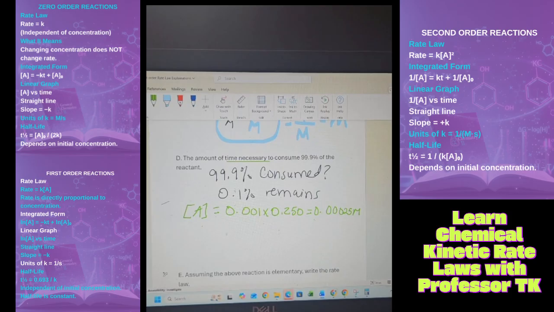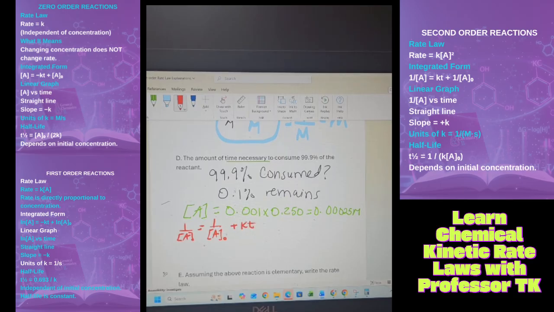And remember, you're still using the second integrated rate law. That's 1 over A equals 1 over your initial concentration plus KT. You've seen that one before.